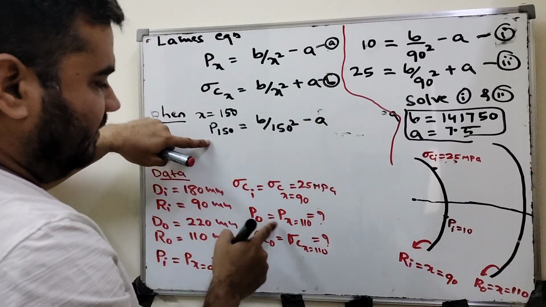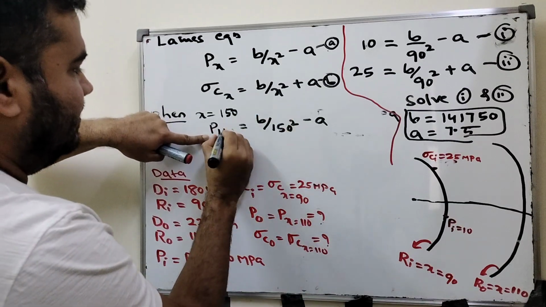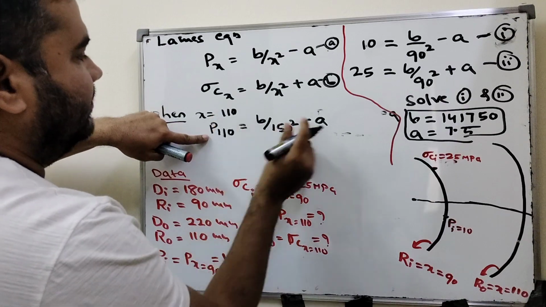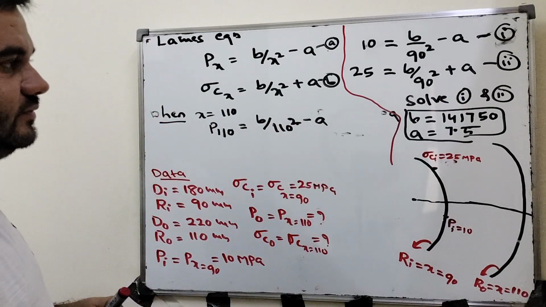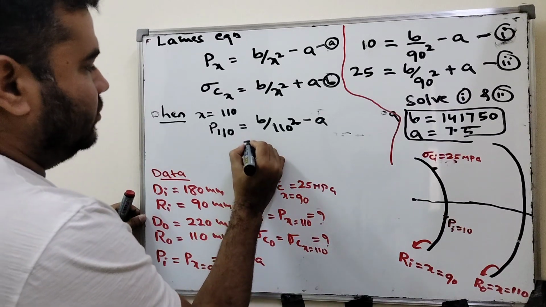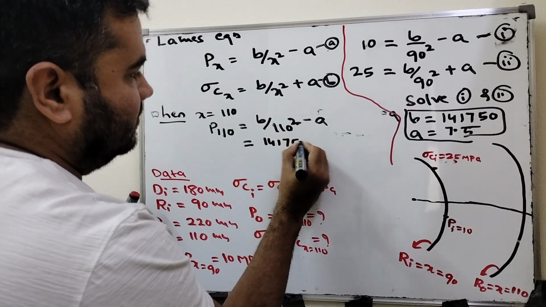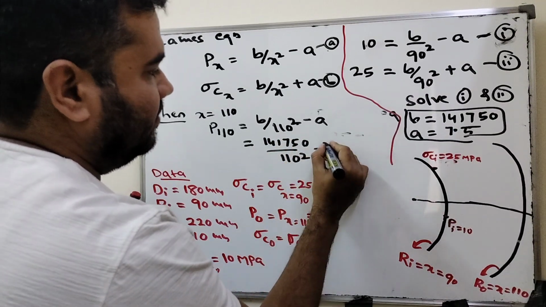Sorry, it is 110, outside is 110, sorry for that. When x equal to 110 mm, here also 110 square. Substitute, the b value is how much? 141750 divided by 110 square minus a, which is 7.5.